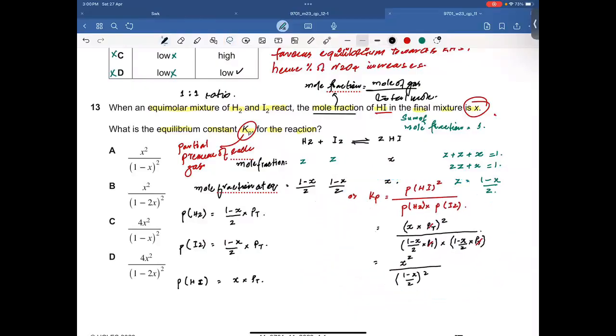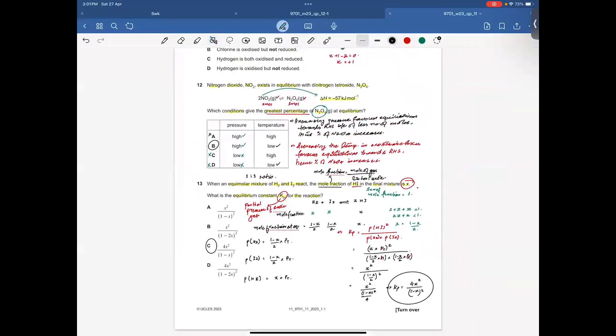So it's going to be x square over 1 minus x whole square over 4. So for Kp, it's going to be 4x square over 1 minus x whole square. So this is going to be the answer. I believe C is going to be the answer. Okay. I hope it makes sense to you.